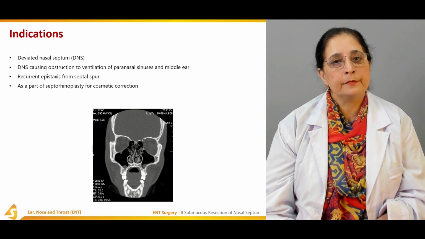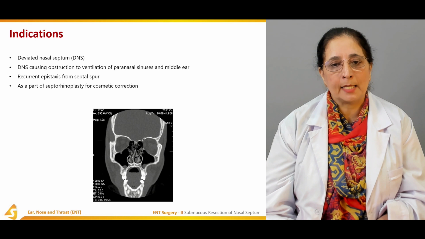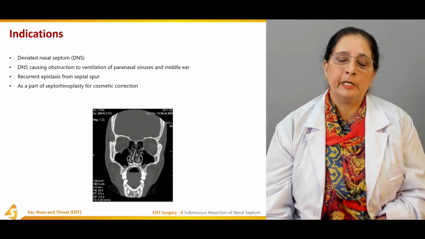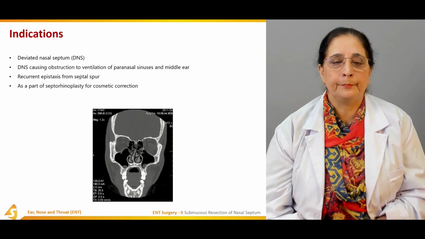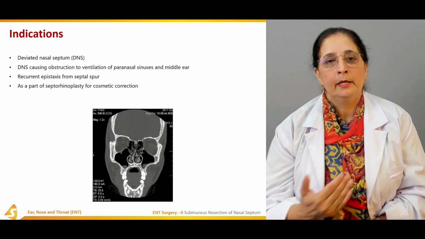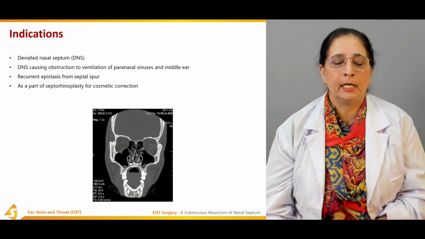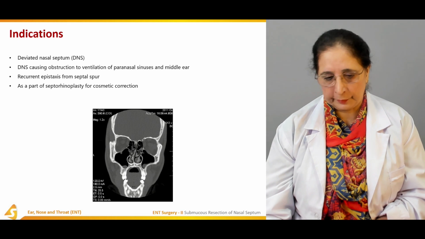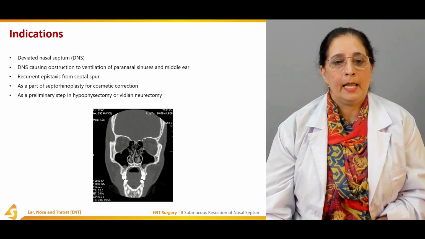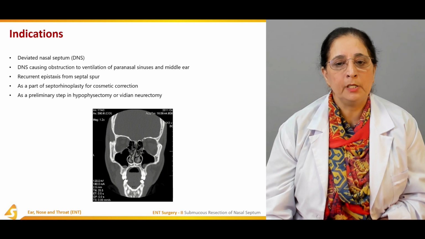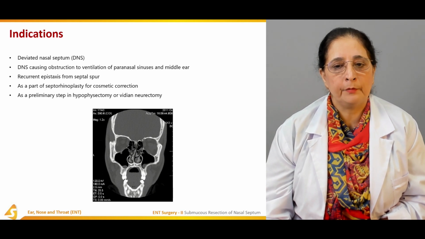As a part of septorhinoplasty for cosmetic correction: for cosmetic reasons also, if there is septorhinoplasty, repair of the septum and nasal cavity, we can also do this procedure. As a preliminary step in hypophysectomy or Vidian neurectomy.